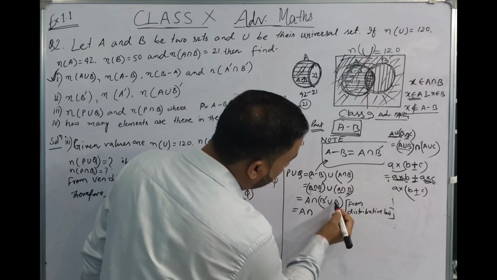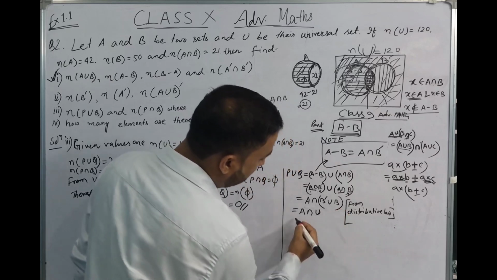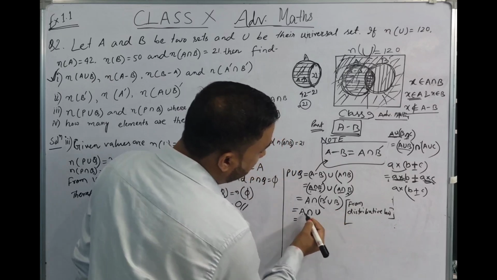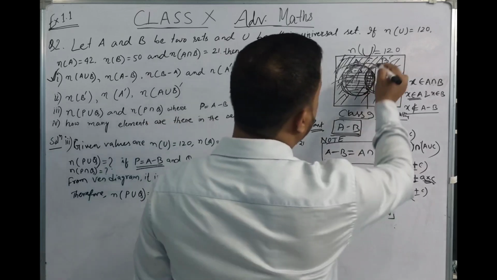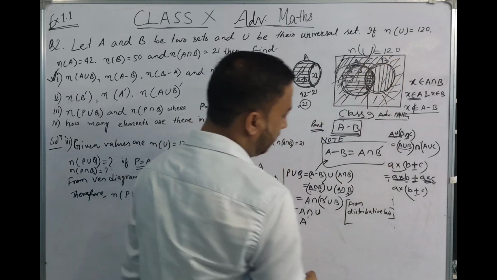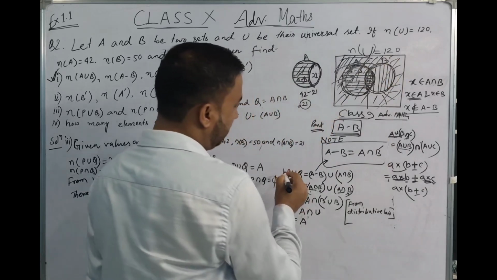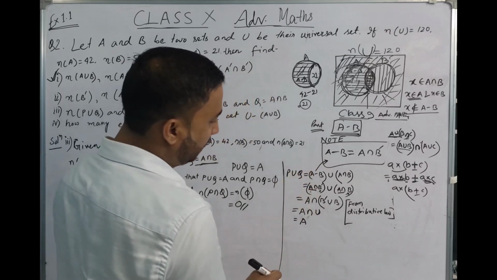So B union B complement is equal to what? U. It will be equal to U. Now A intersection U. If you take the common part of A and U, in U, A is there, so it will be A only. In this way, you can find the value of P union Q.